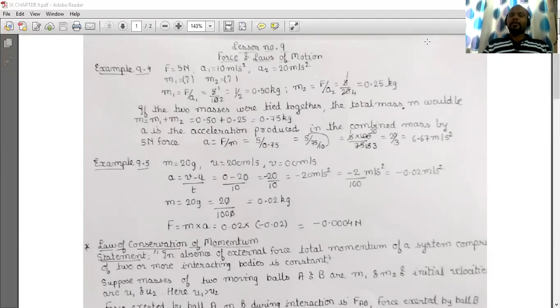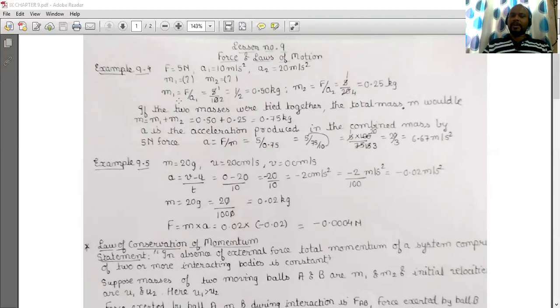But before finding the acceleration when the bodies are tied together, we need to find the mass of the two bodies individually. So first of all, we'll write down in the solution, we are given F equal to 5 Newton, A1 equal to 10 meter per second square, A2 equal to 20 meter per second square. Here you are required to find M1 and M2.